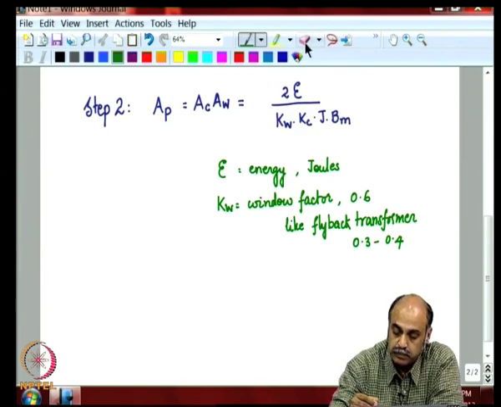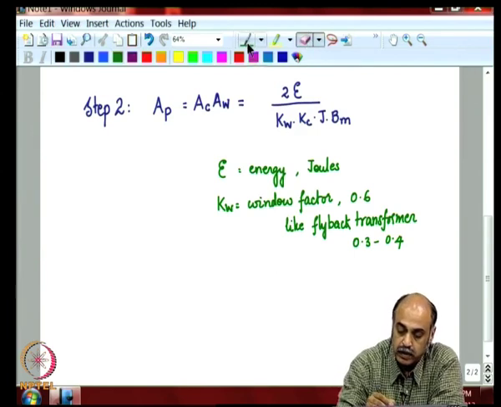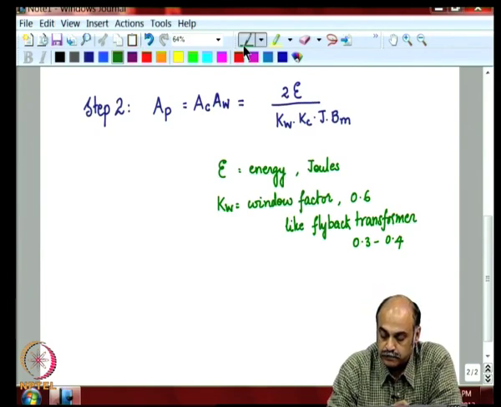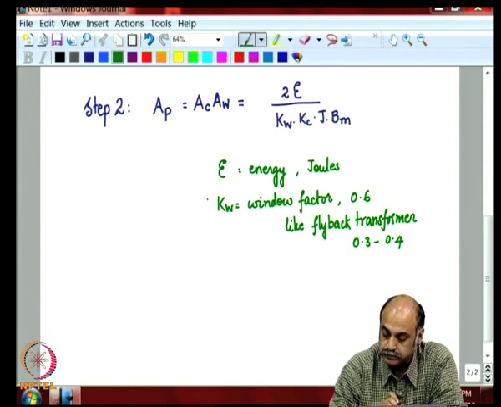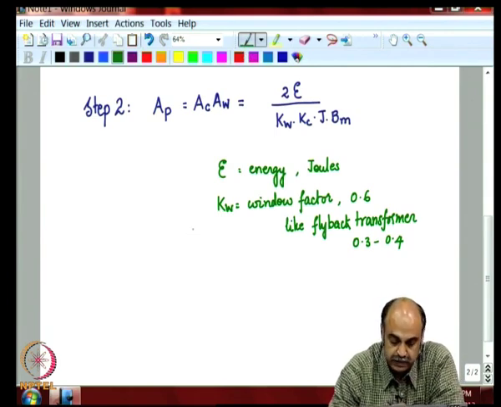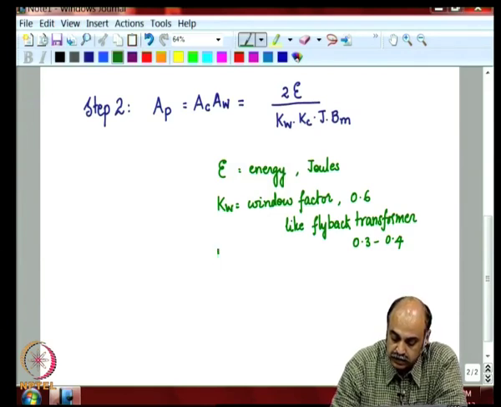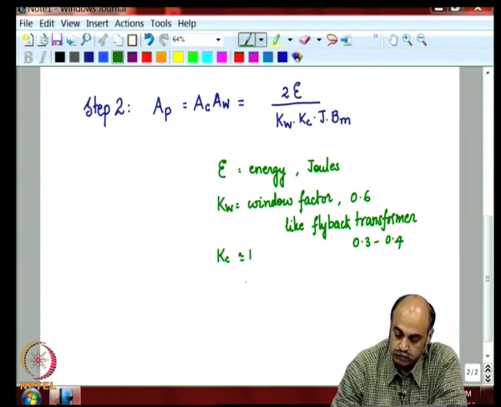It depends upon the windings, and if the number of windings is large, it can go as low as 0.2 for a very good skilled winder. Then Kc is the crest factor. In most cases you can take it approximately equal to 1.